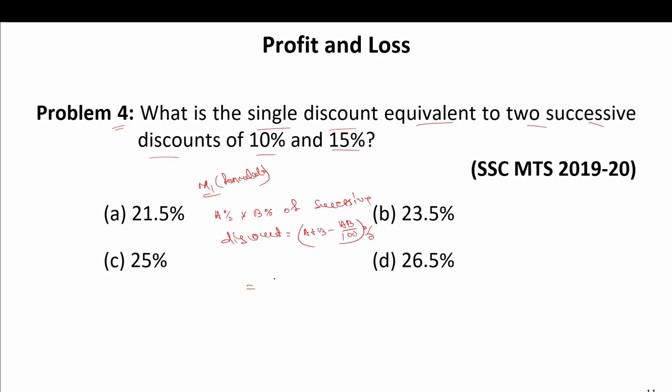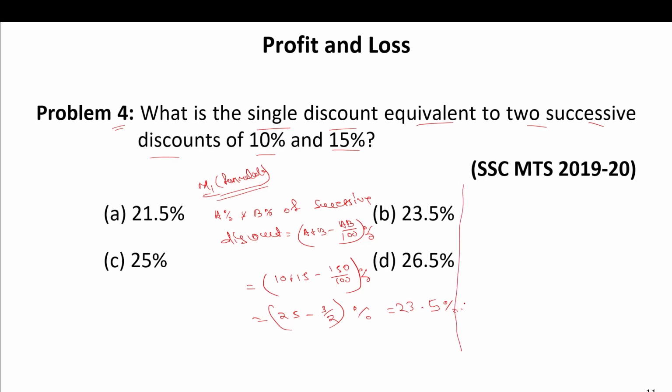A is 10, B is 15. So 10 plus 15 minus 150 by 100, that is 25 minus 3 by 2, percent. So this is equal to 23.5%. Okay. So this is by method 1, that is using the formula.